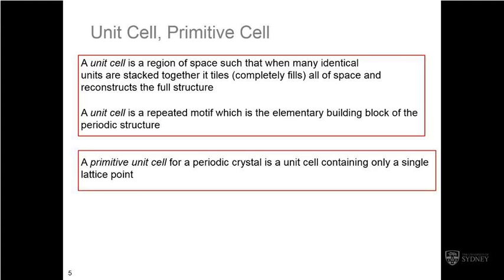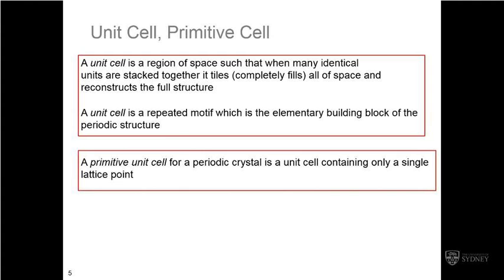It's the repeated motif that you repeat throughout all space to get your structure. So what's the difference between a unit cell and a primitive cell? The word primitive gives you a clue. It's the unit cell containing only one single lattice point. Just one. That's the primitive unit cell.